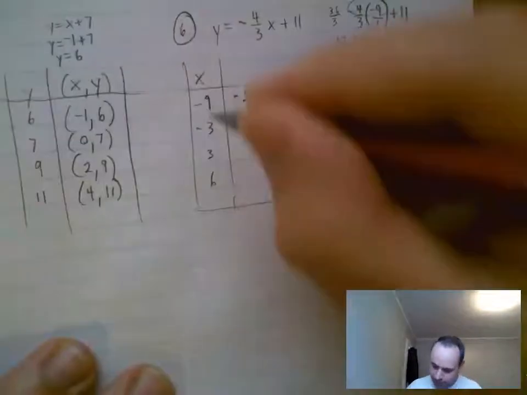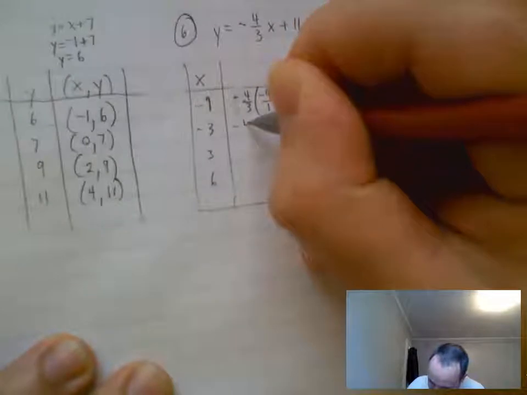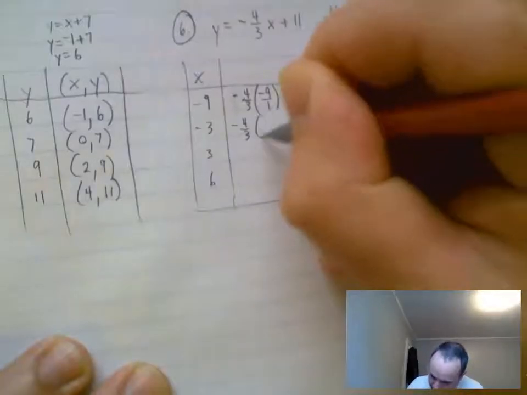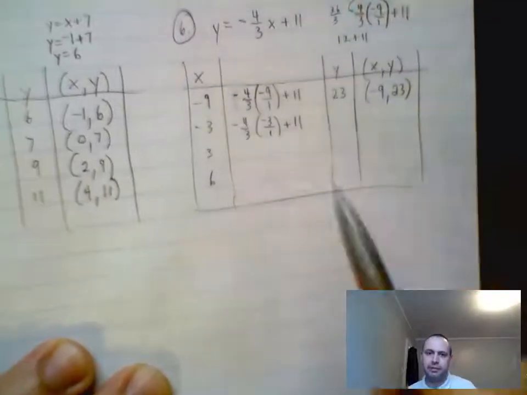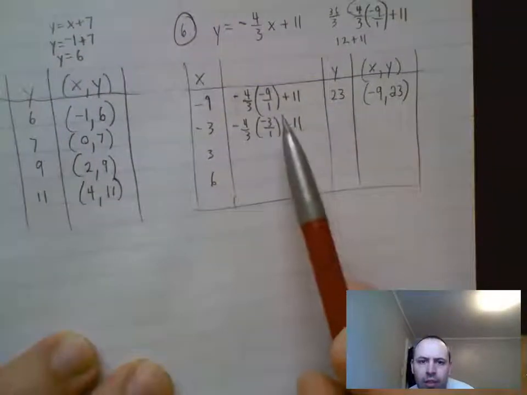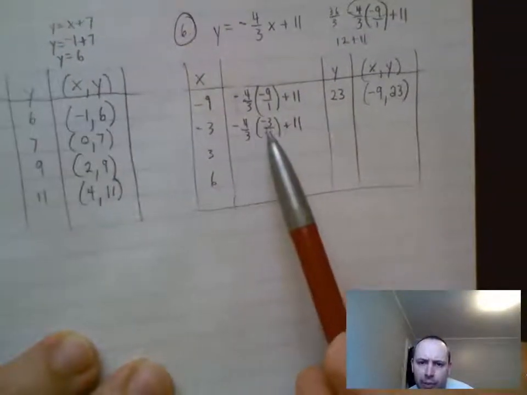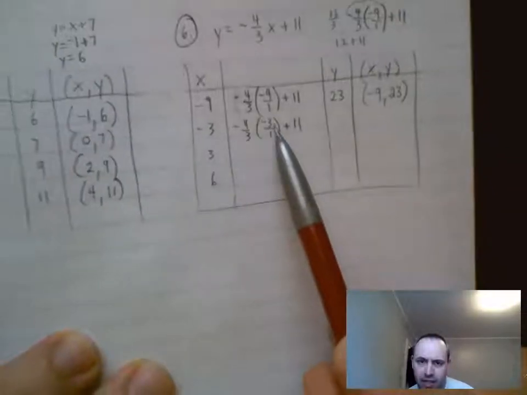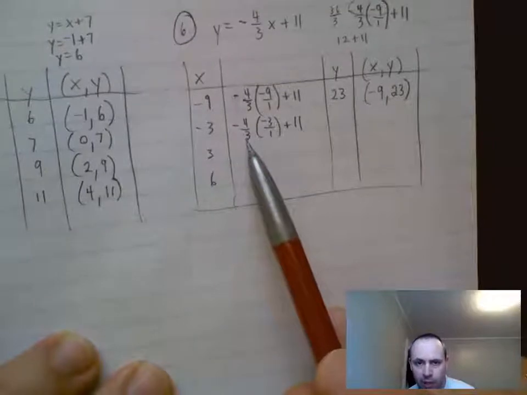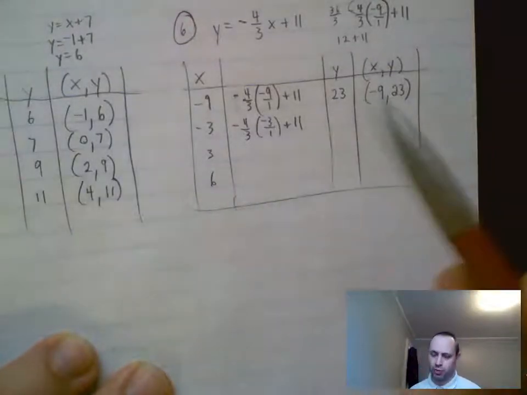Okay, second one. We'll take our -4/3 and put a -3 here. Remember, it really means -3 over 1. Okay, so on the top, -4 times -3 is 12. On the bottom we have 3 times 1, which is 3.